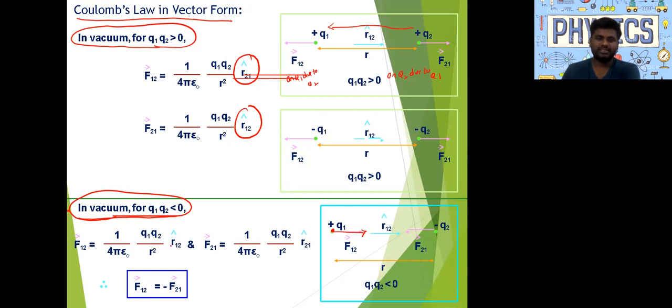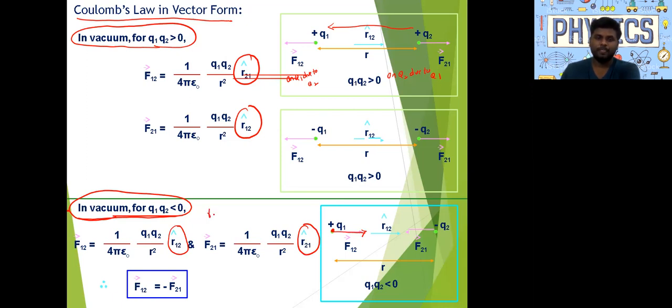F12 is written as 1 by 4 pi epsilon naught Q1 Q2 by R square, and the direction is R12 cap. And F21, the force on charge Q2 due to Q1, is equal to 1 by 4 pi epsilon naught Q1 Q2 by R square, and the direction is R21. If you observe, magnitude-wise F12 and F21 are the same, but the direction is different.